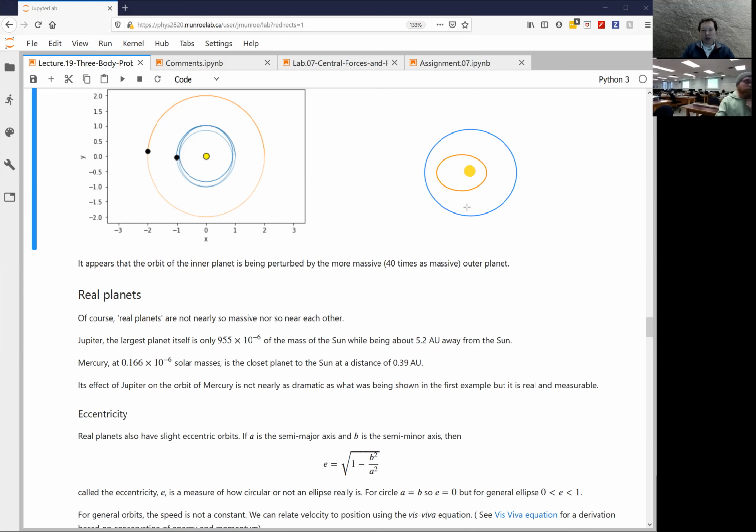Eccentric means more elliptical. Now, this is a massive exaggeration. You can see that in its orbit, the sun is at one of the foci of the ellipse. There's a time when the planet is closest to the sun. That's called the perihelion, near to the sun. Contrast that with the aphelion, the point when it's furthest from the sun.